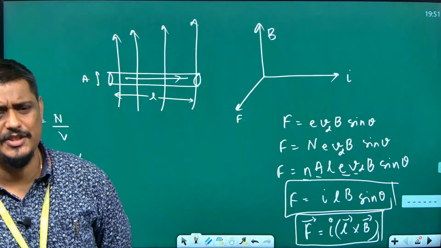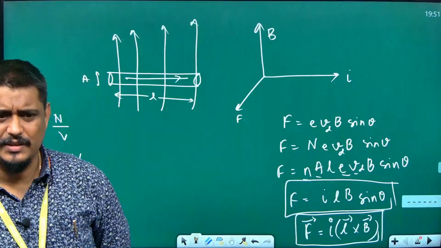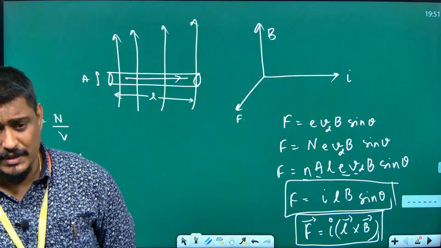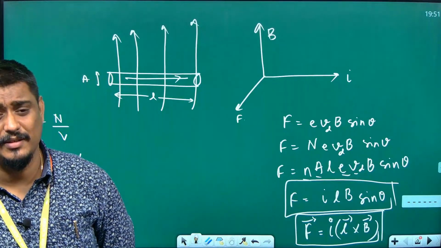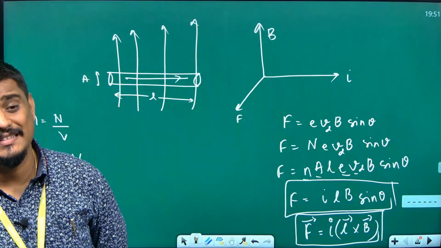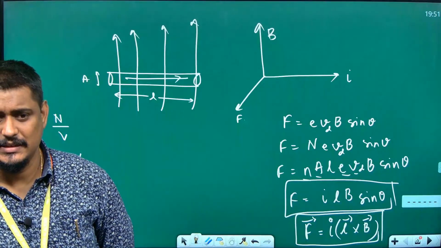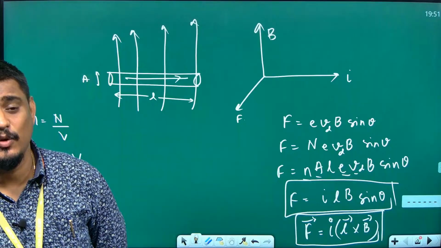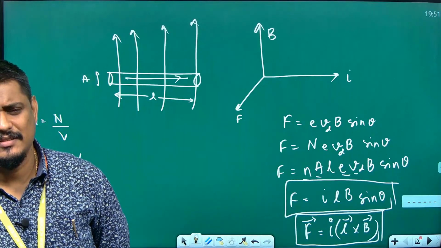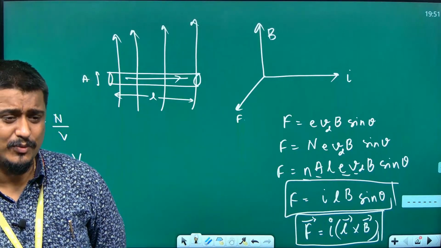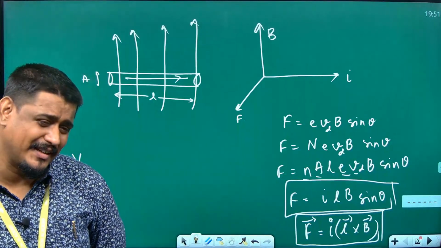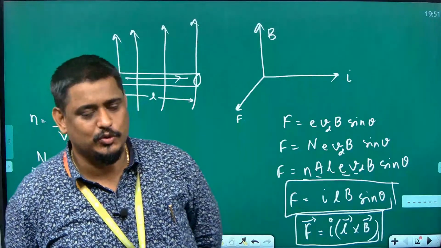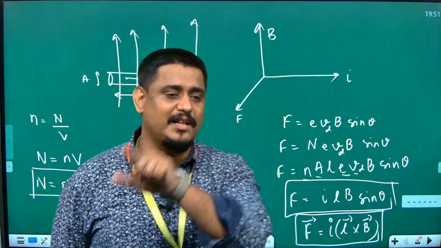See, if length is changing, resistance will change. If radius is changing, resistance will change. Remember one thing: fuse wire should have high resistance and a low melting point. Why high resistance? Because it has to sense the current coming inside.